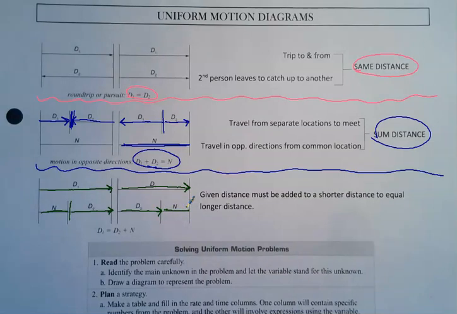In this case, we have D1 equals D2 plus the unknown, that shorter distance that we need. We're given different pieces of information, so we have to set up our equations differently.